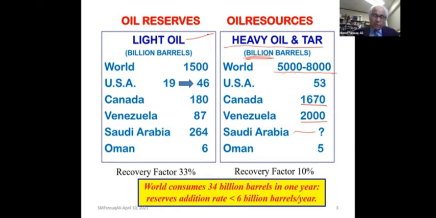So you'll see in the future that we'll have more applications of light oils. So if you look at the right side here, the target is huge, gigantic. The world consumes 34 billion barrels in 1 year. And you can see that we have 5 to 8 trillion barrels in the world.